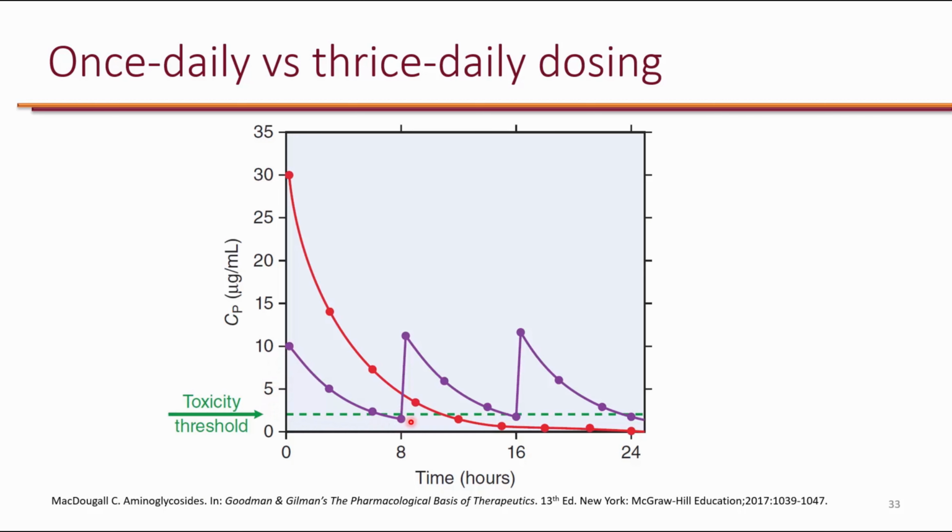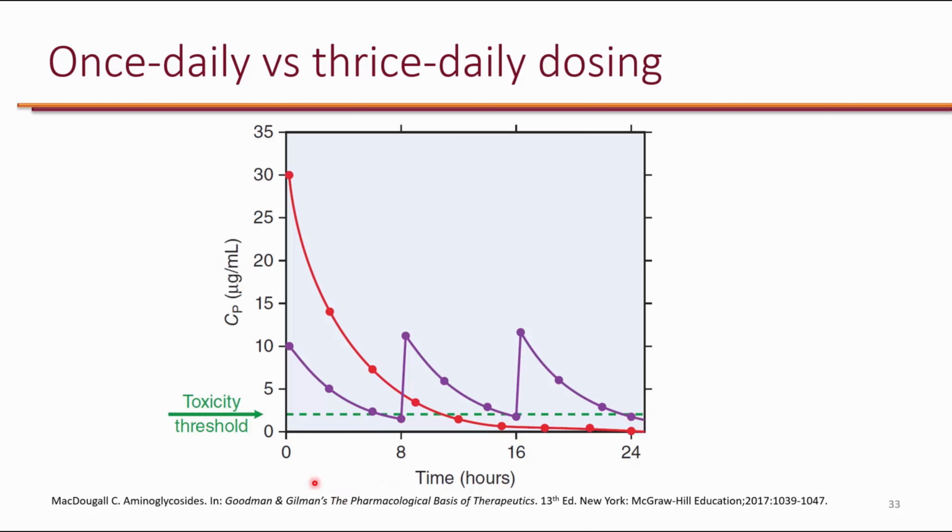So in traditional dosing every 8 hours, you're hoping that the peak was not too high and it would allow time for the trough to be less than 2. Now, when you look at these purple lines, you can see that the majority of the time, the levels are actually in the toxic range. So it's only a very short period of time that the kidneys get a break. So this causes an issue for safety.